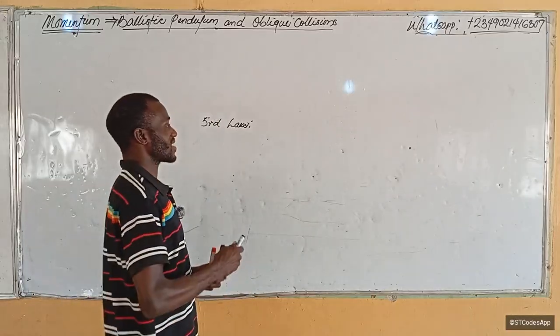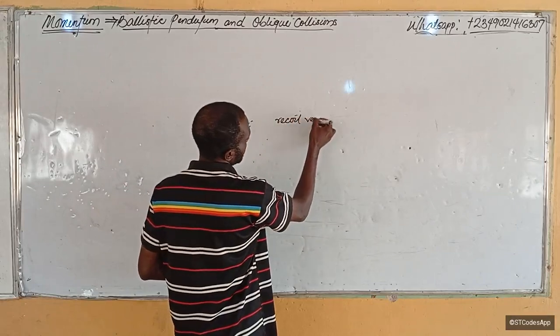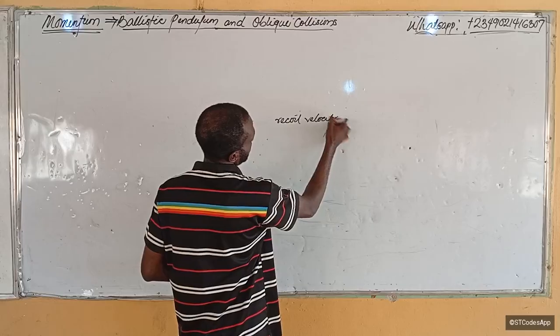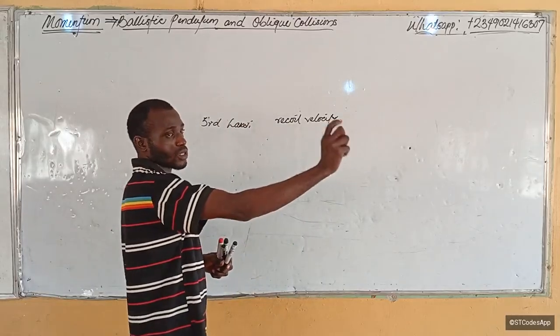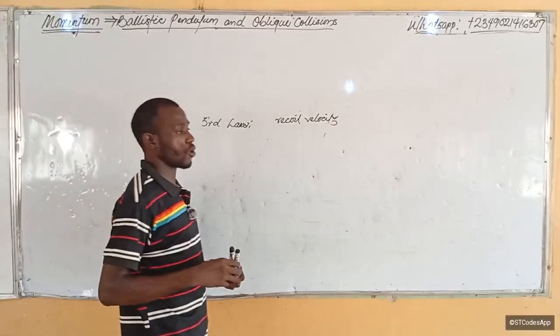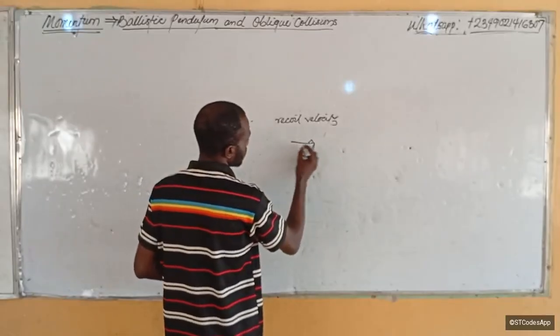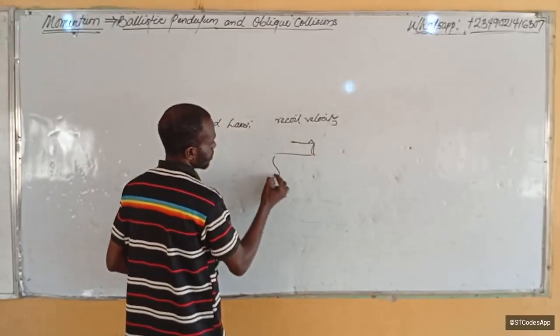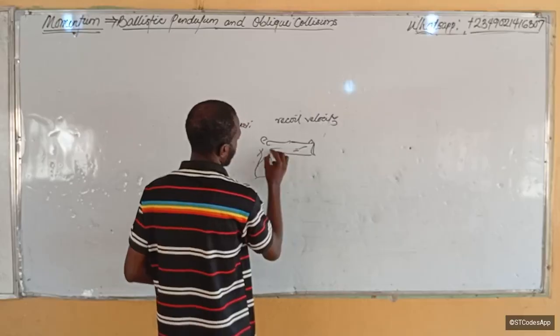Alright, so the point is that there is recoil velocity. What recoil velocity is basically talking about is the action of the bullet outward that results in the jerking back of the gun. So more like I have a gun like this, and you shoot.